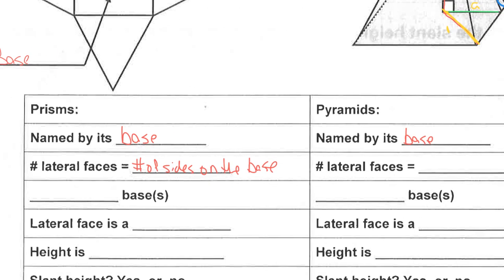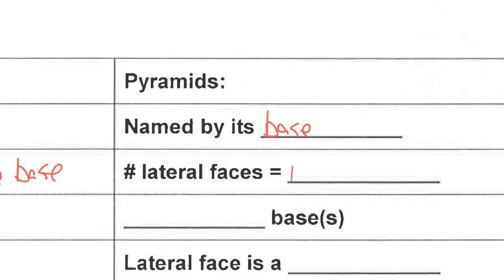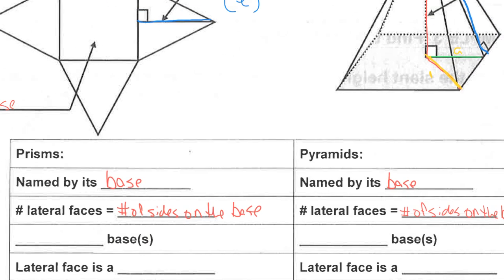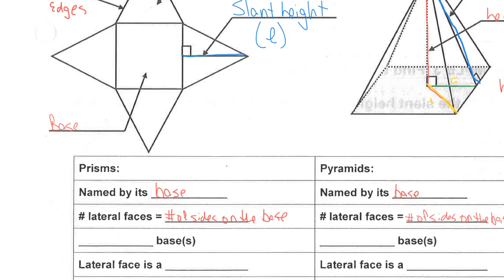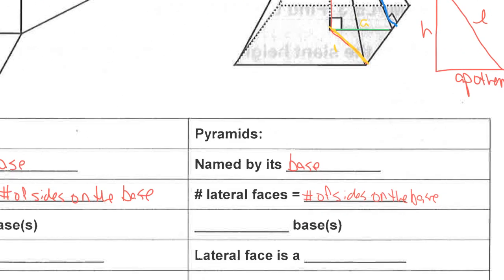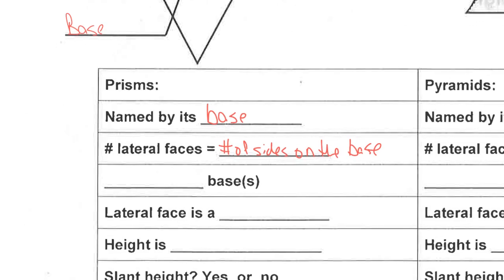On the number of lateral faces on a pyramid, it's the same thing. The number of sides on the base. So if we have a square prism, a square has 4 sides, there's 4 lateral faces. Same thing on a pyramid. A square pyramid has 4 lateral faces because its base is a square.